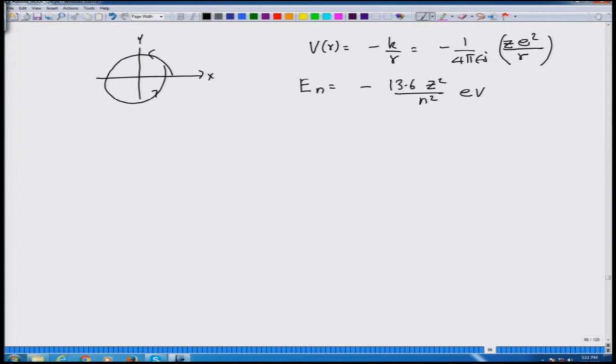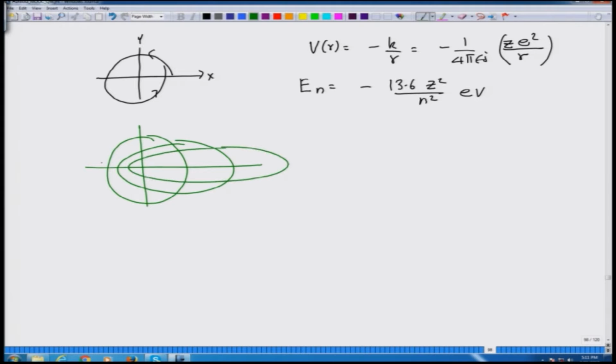However, what was new in this was that for the same energy values, we also obtained orbits which could be of different kinds.